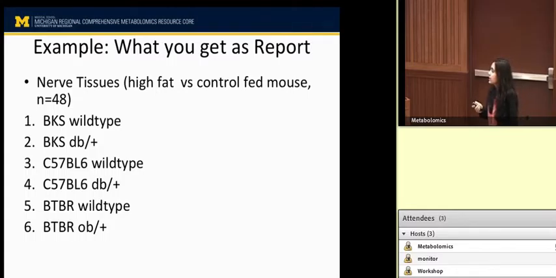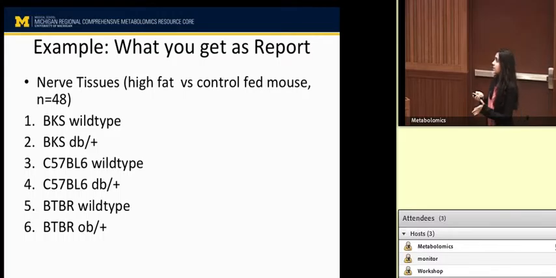They were interested in nerve disease, and 6 different types of mouse, and within each category they had 4 samples for each high fat and control diet fed mouse.